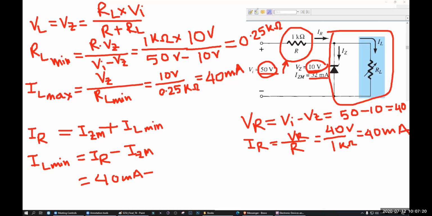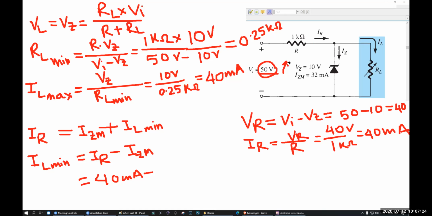What is the value of IZM? 32. So what is the value? 8 milliamp, right? That is the minimum IL.